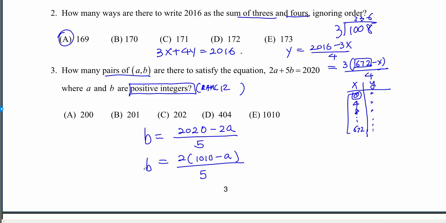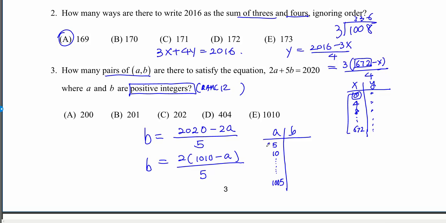Alright. What's the first number? Not 0. 5. 5, 10, up to? Up to 1010. No, if this is 1010, b is 0. 1005. That's it. Okay. 1005.